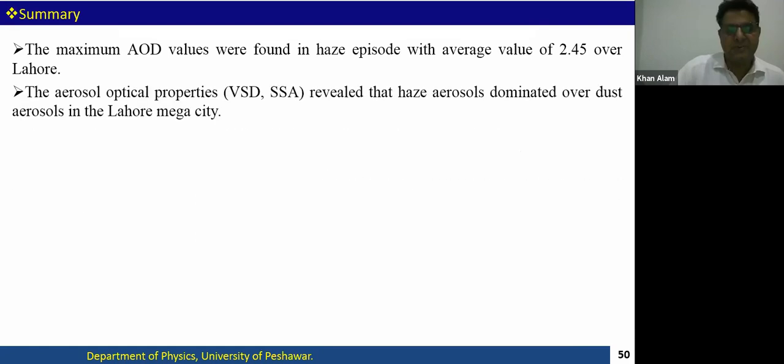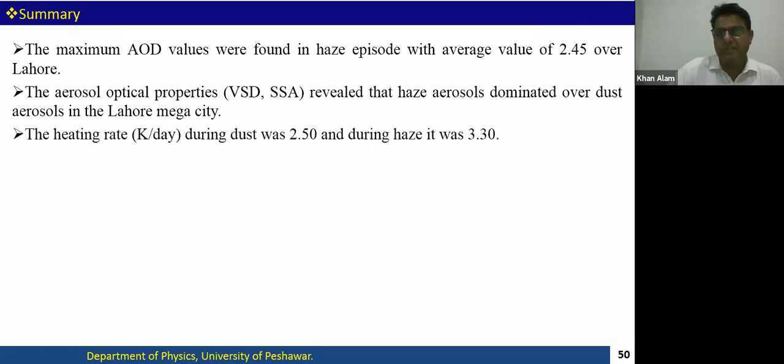So we have maximum AOD during the hazy days as well. And from the optical properties, volume size distribution and single scattering albedo, we concluded that the haze particles, the smoke particles during the hazy days, are dominant over the other aerosol particles.